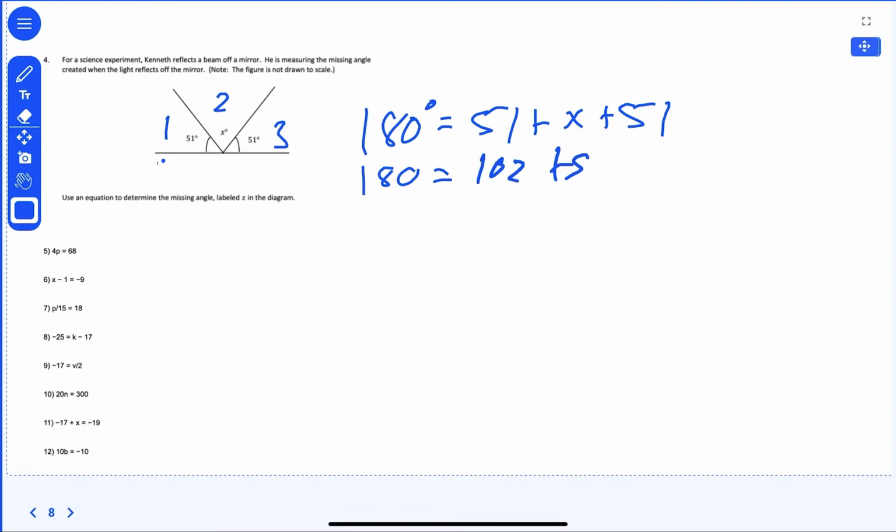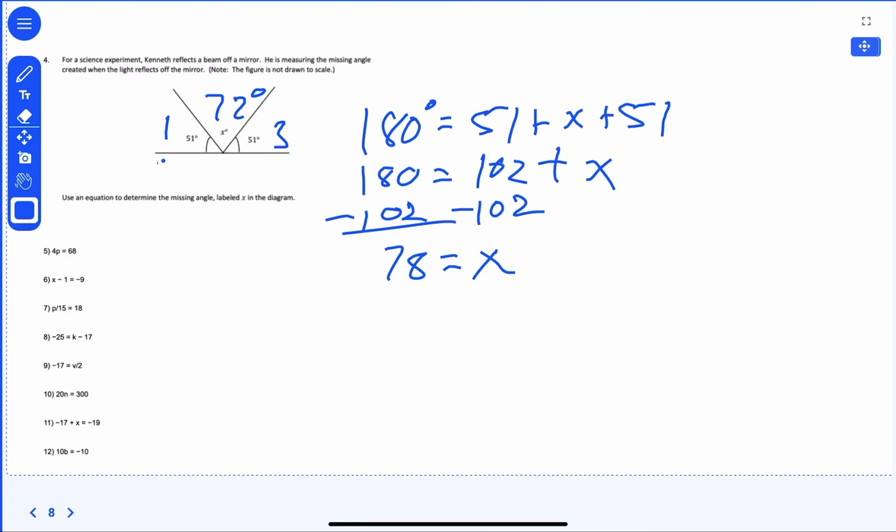That's 102 plus x. Now, can you do 102 plus x? No, so we're going to do the opposite. We're going to subtract 102 from both sides, and we would get 78 is equal to x. So this degree for x would be 72 degrees. Oh, 78 degrees, I'm sorry. 78 degrees. Everybody understand? If that was a 90-degree angle, we would just set all the angles equal to 90. Everybody remembers that? Okay, good.